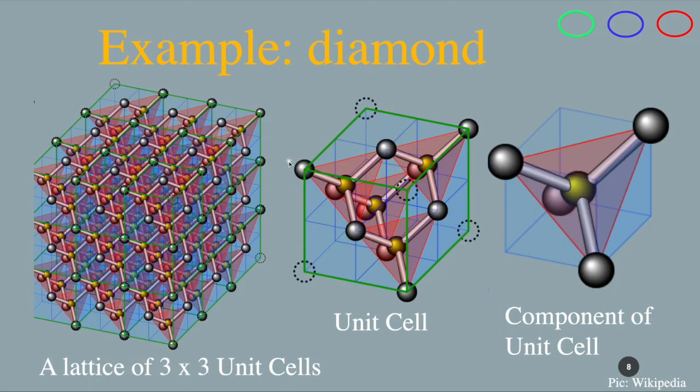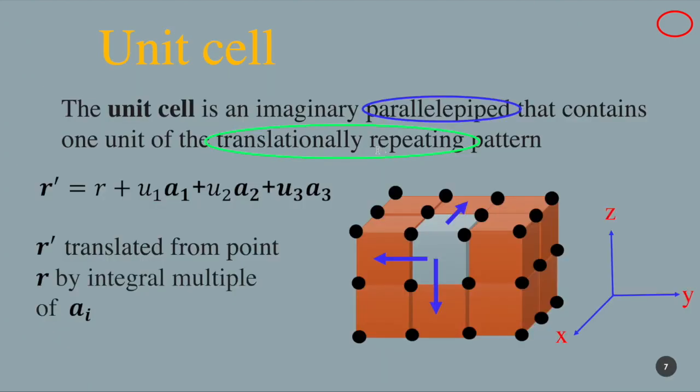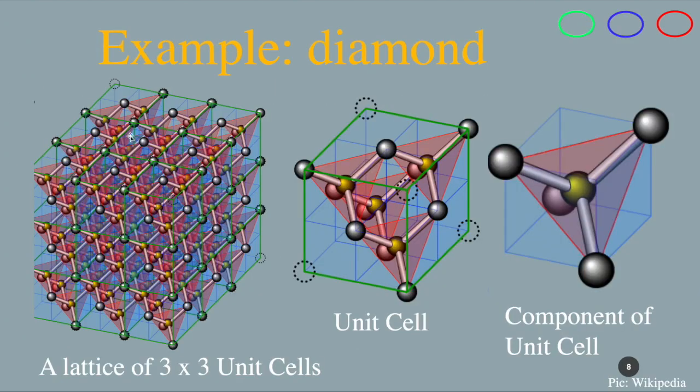Let's understand it further with one more example, which is the very famous diamond crystal. Let's say this is a lattice of 3 by 3 unit cells, and we have identified one unit cell which, if you translate, forms the translationally repeating pattern throughout the lattice.